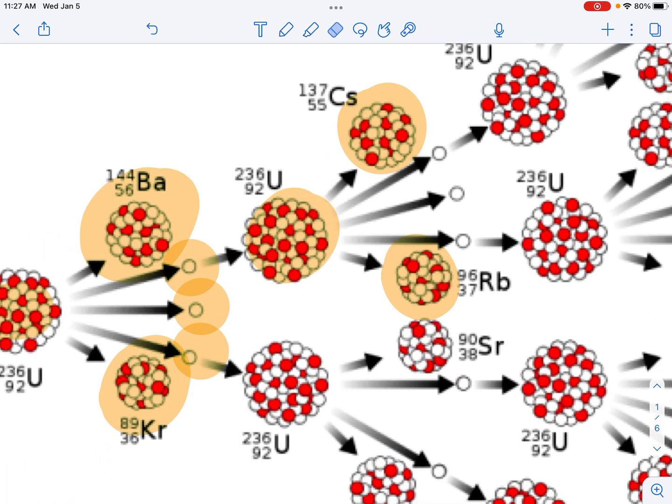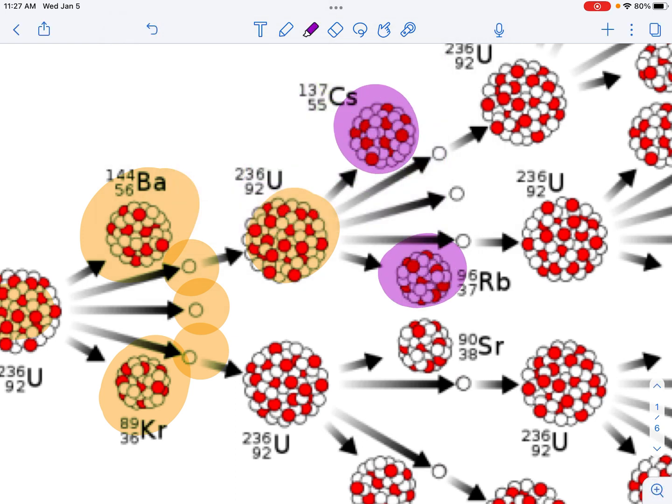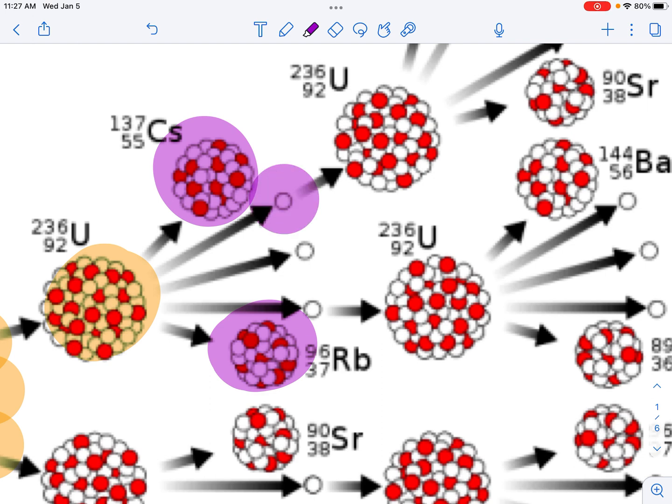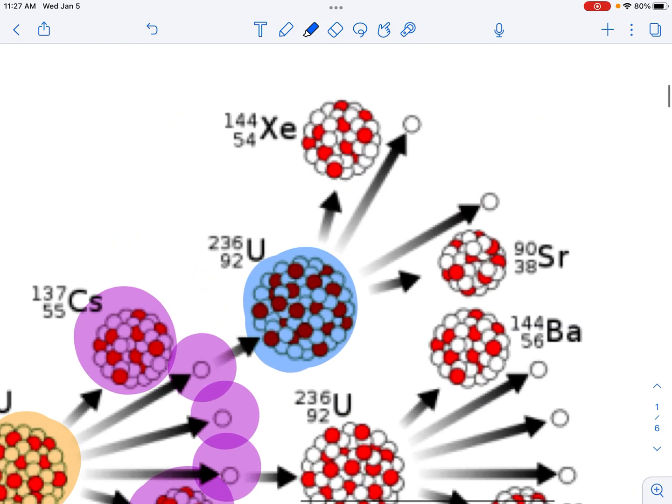Please note that these 2 here that I'll put in purple are different daughter nuclei than what we had over here in orange, because every time we do it, it's just kind of random. And then that's going to give off a few more neutrons that are going to continue the process into another one over here that's going to break into something else, again, a little bit different than before.